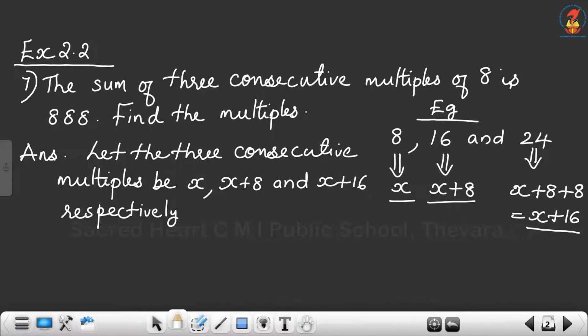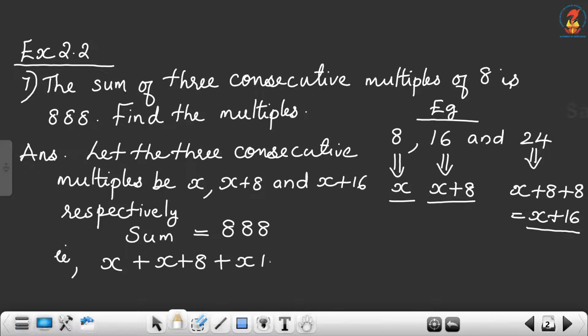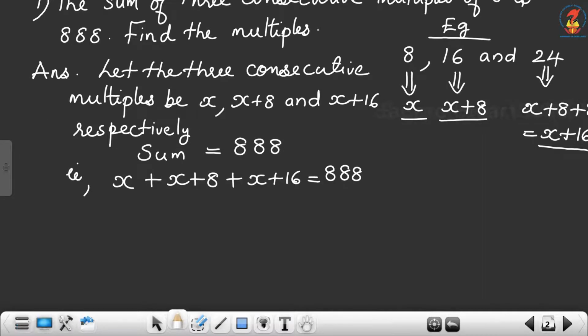Then the sum is given. Sum of these three consecutive multiples is equal to 888. That is, first multiple x plus second multiple x plus 8 plus x plus 16 is equal to 888. Now add the like terms.